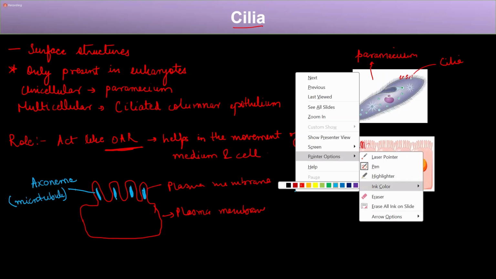Now, next, if we talk about another surface structure, that is flagella. We have also studied flagella when we were studying prokaryotic cells, that it is also a surface structure, but it is present in both prokaryotes and eukaryotes. But there are certain differences between the flagella present in prokaryotes and in eukaryotes.